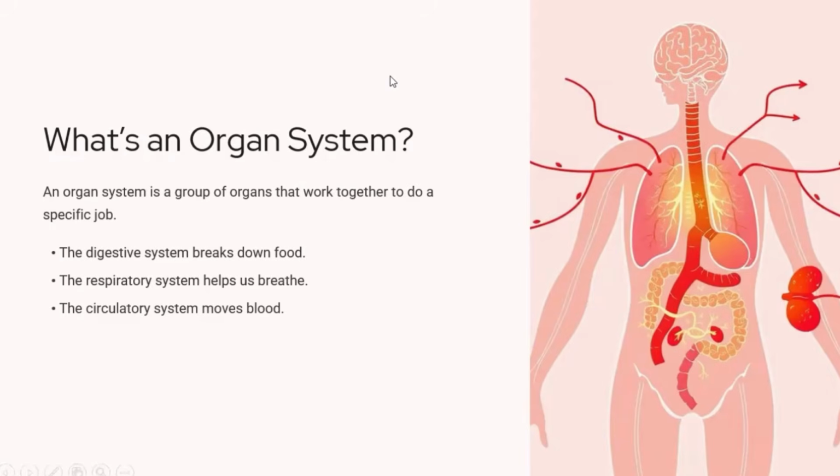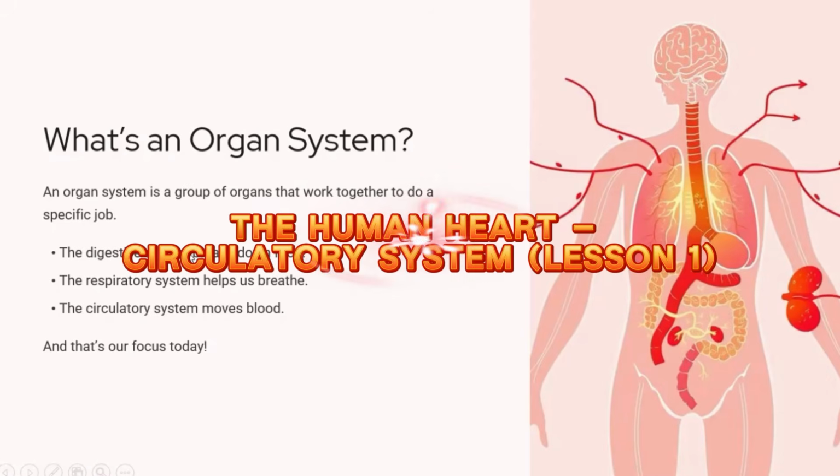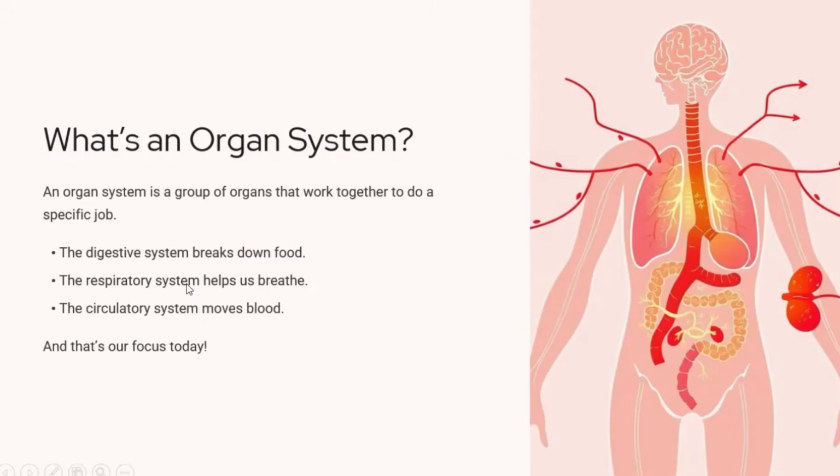Going back to the organ systems, my question to you: what are the organs found in the digestive system? You already studied this in year 5, and the respiratory system you are going to study in the next lesson.